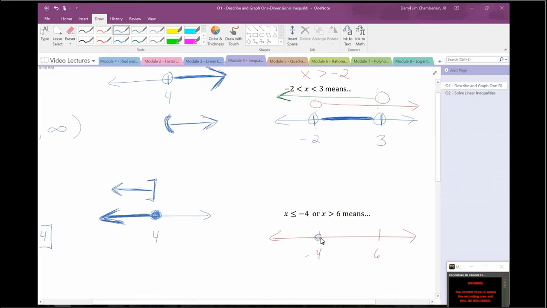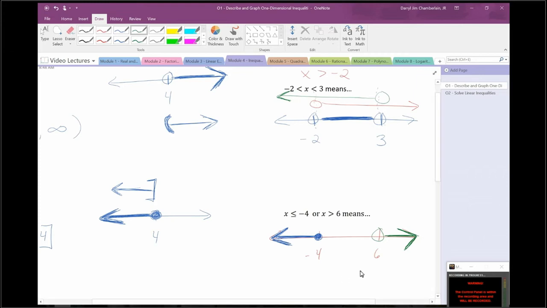We have including negative 4 and less, or we have not including 6 and greater than it. So it can be in either or. And so again, we see that this compound inequality is talking about two intervals.